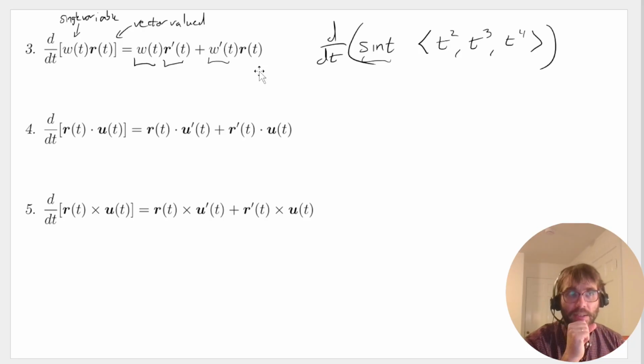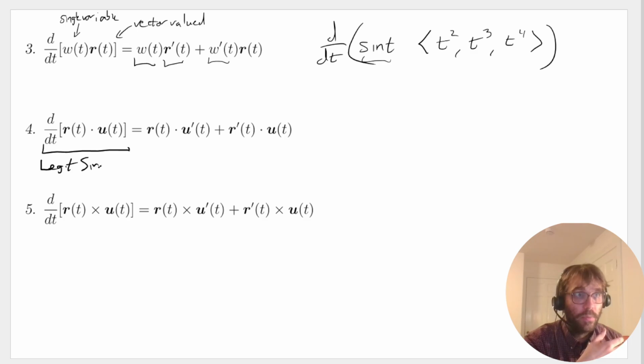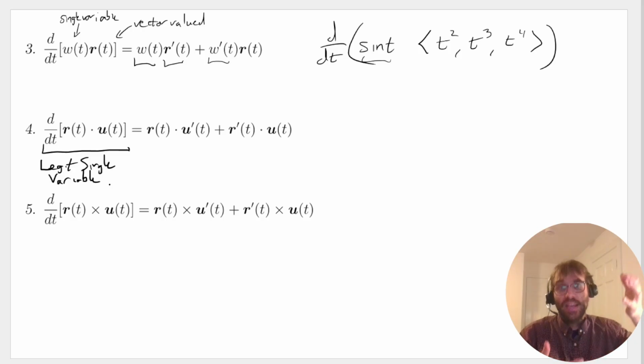How about dot products? This one is a little bit unusual as well, because this derivative here is a legit single variable derivative, because after you've done the dot product, r dot u, there is no vector remaining. The dot product results in a number, in this case a scalar function.